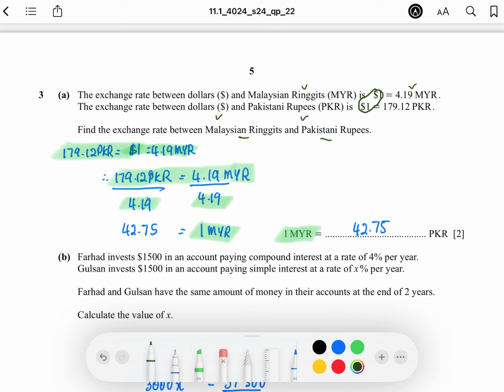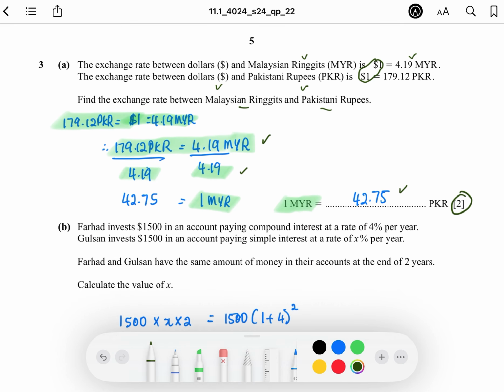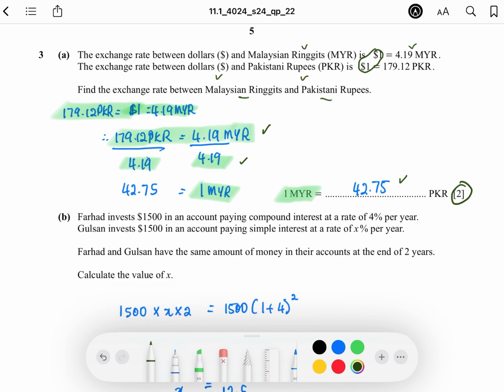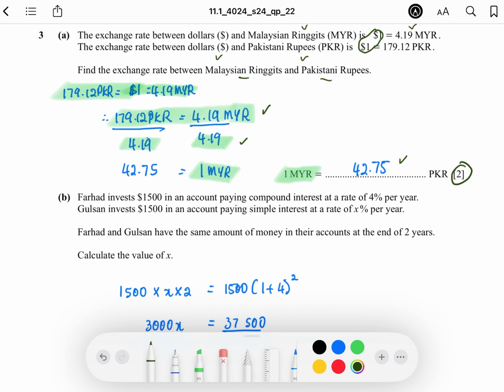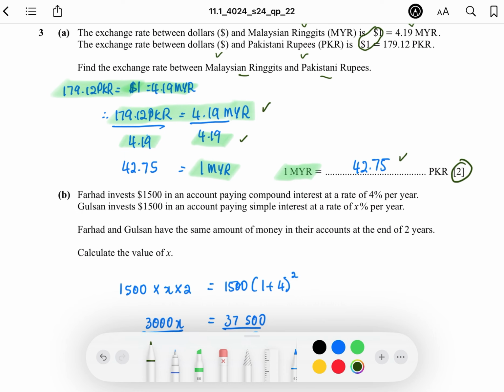So for this one, this person did that correctly, simplified it correctly and finally got the correct answer, 42.75 Pakistani rupees.